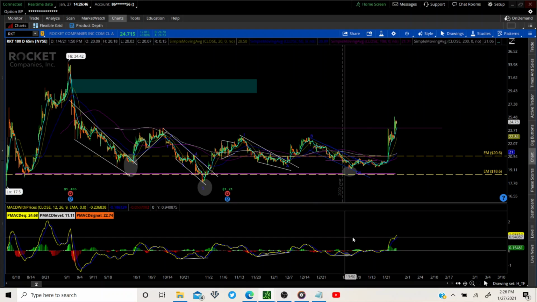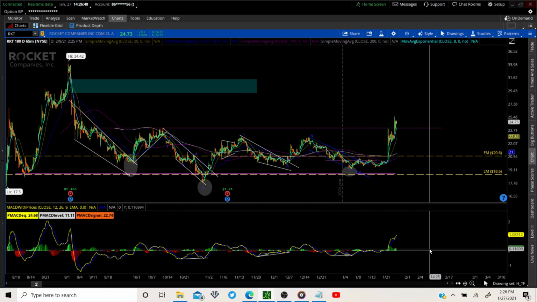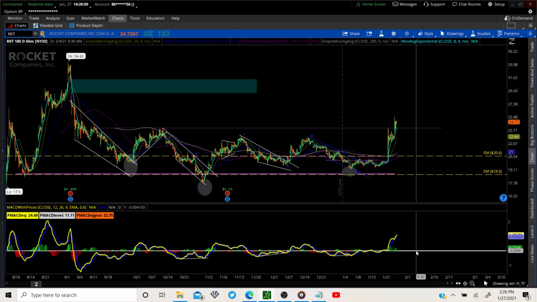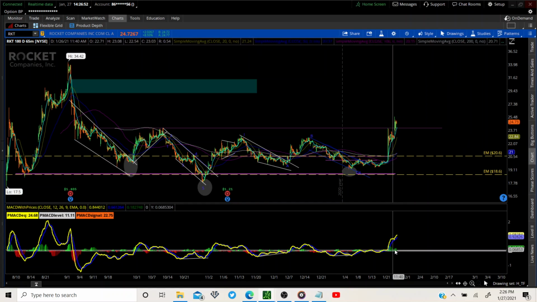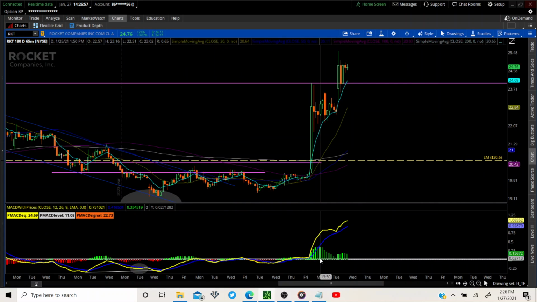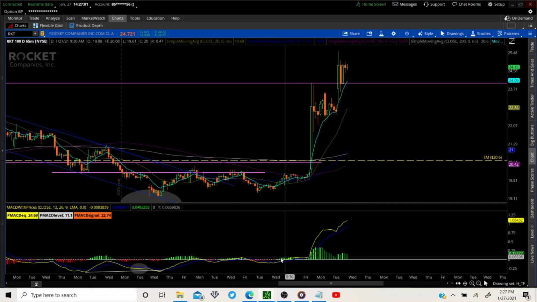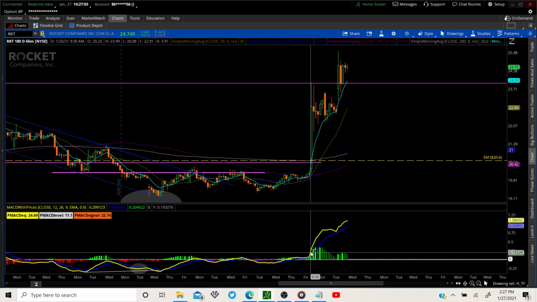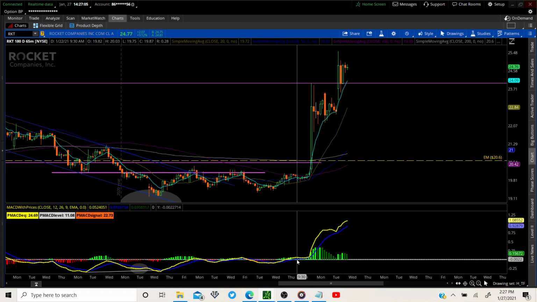Okay, so this is called the zero line here, and these are histogram bars here. Let's get a little bit closer so you can see some of these. Let's talk about the histogram. When the yellow line, the leader line, is crossed above the blue line, you're not right at the cross, there's no bar for the histogram.